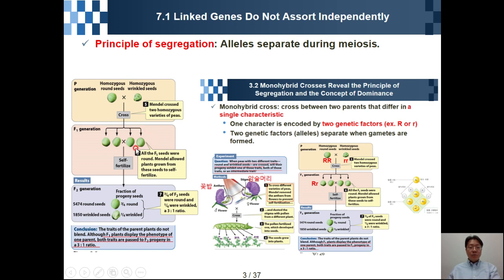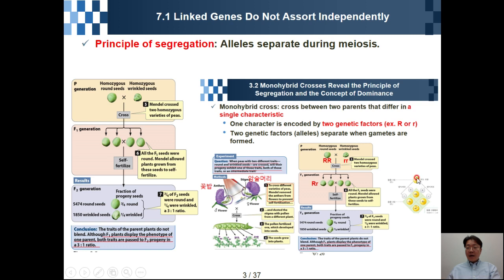Then we did self-fertilization, so in the F2 generation we always get a 3:1 ratio. Round is 3 and wrinkled is 1. The reason we get a 3:1 ratio is that in the F1 generation, large R and small r separate when gametes are formed.